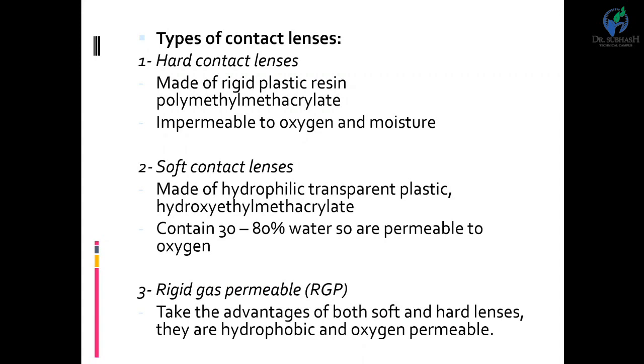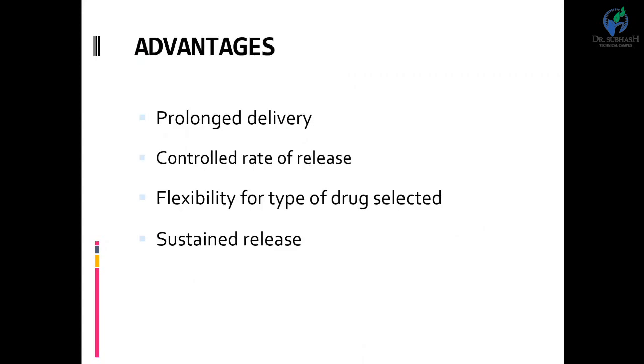Soft ones are made up of hydrophilic, transparent plastic materials, for example hydroxyethyl methacrylate containing 30 to 80% water, so they are permeable to oxygen as compared to hard lenses, which are made up of rigid hydrophobic material. A rigid gas permeable lens takes the advantages of both soft and hard lenses. They are hydrophobic and oxygen permeable, so both properties are considered.